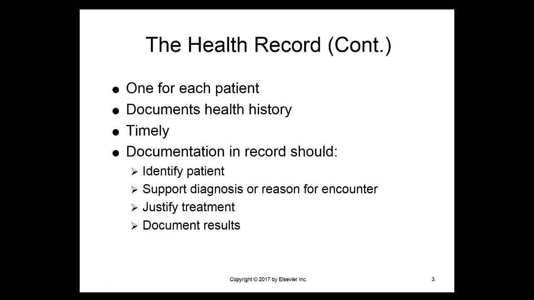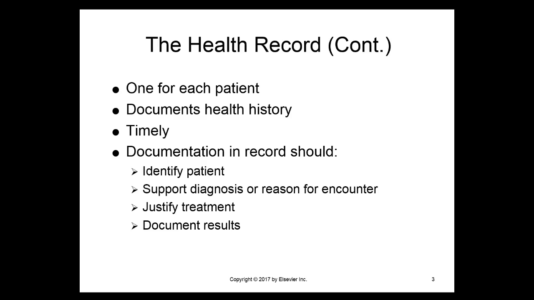Now this slide says that the health record, one for each patient. We briefly need to talk about the difference in an encounter or account number and a medical record number. When a patient comes into a facility, the first time they come in, they're assigned a medical record number and they're assigned an account number. That medical record number stays with them throughout their life in that organization.